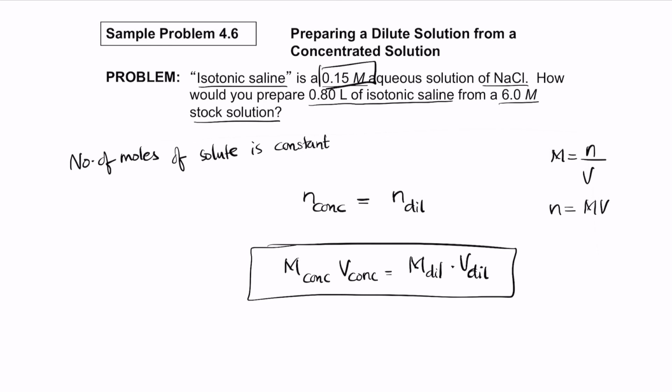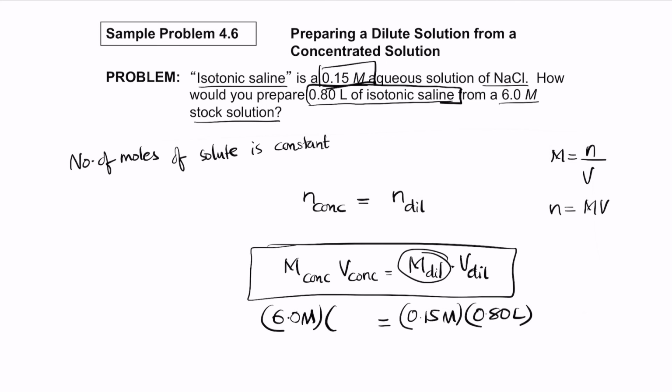Which means that the dilute molarity is 0.15 M times the volume that they are asking us to prepare, 0.80 liter, is equal to the concentrated, which is 6 M, times the volume of the concentrated solution that we have to find. So what is the volume then?